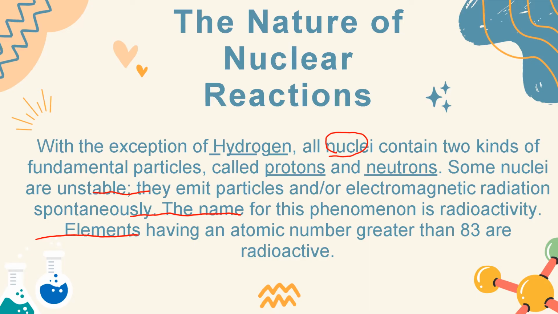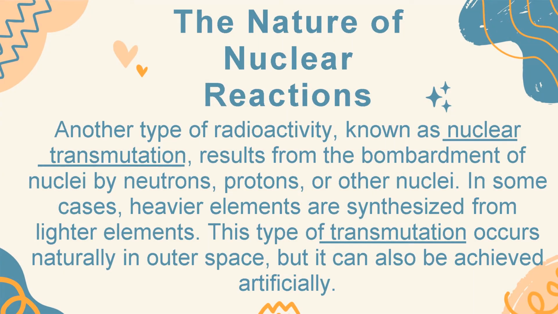Elements having an atomic number greater than 83 are most likely radioactive, or unstable. Their nuclei are unstable. Another type of radioactivity is known as nuclear transmutation. It results from the bombardment of nuclei by protons, neutrons, and other nuclei.